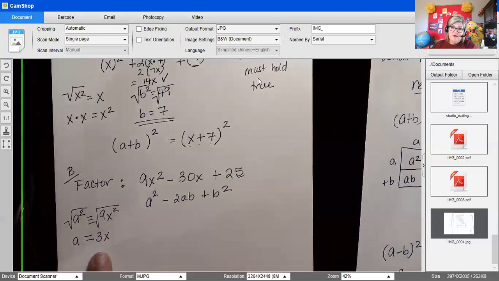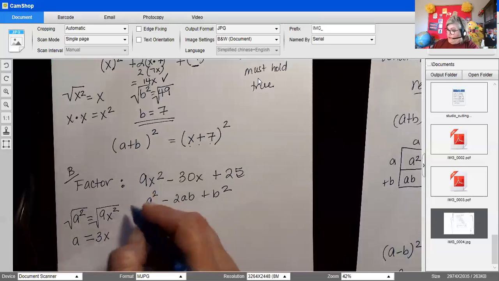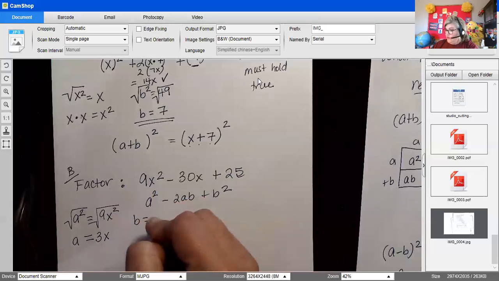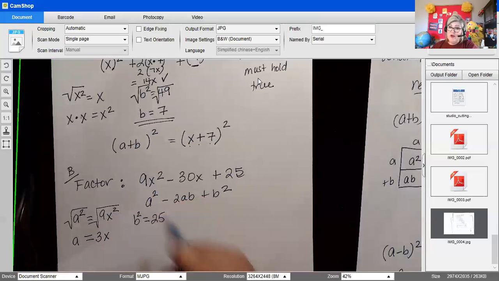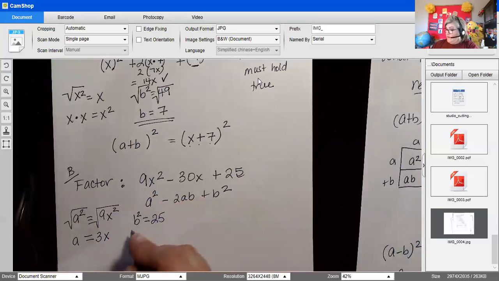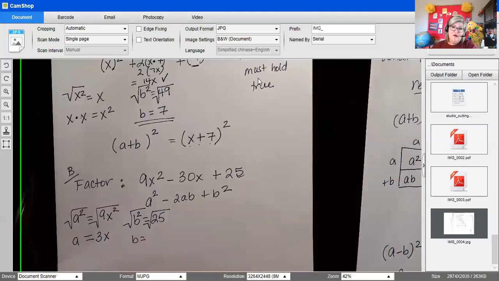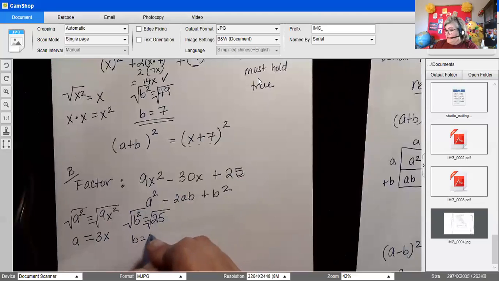So a is equal to 3x. We need to solve for b. b squared is equal to 25. To solve for b, you're going to take the square root of both sides. The square root of 25 is 5.